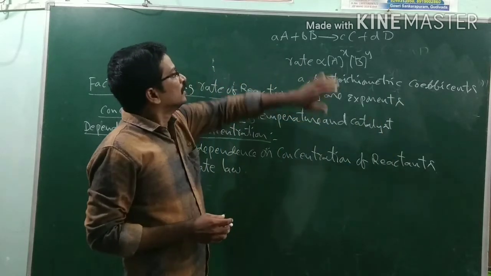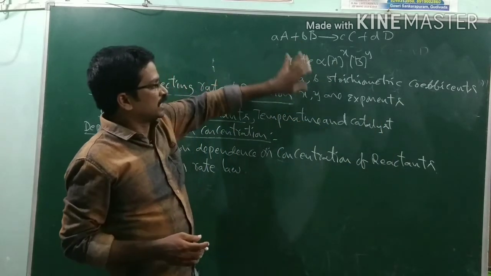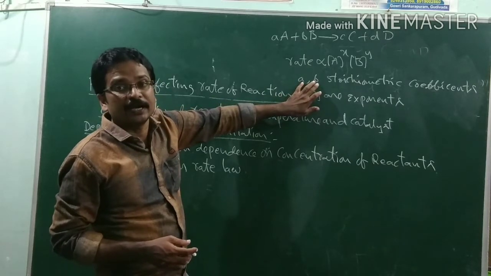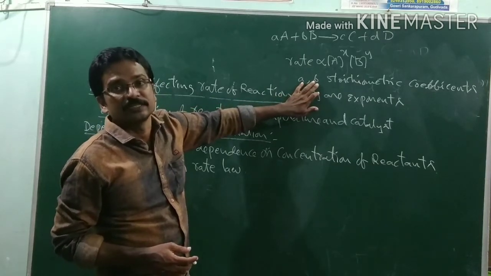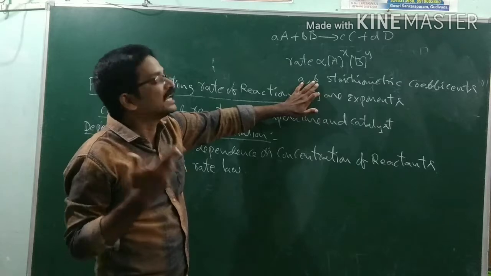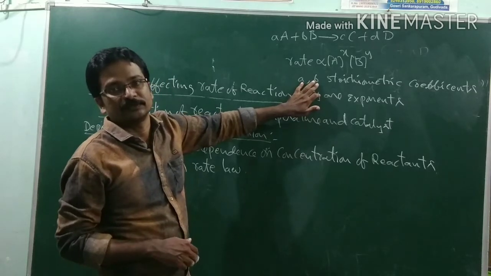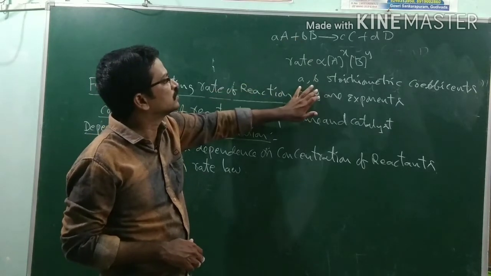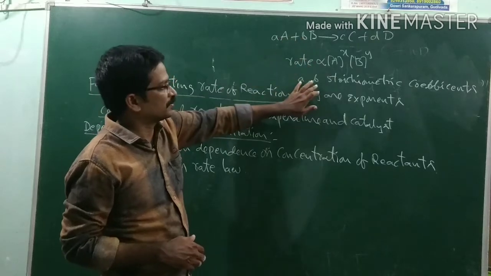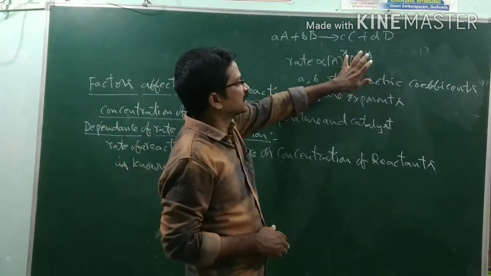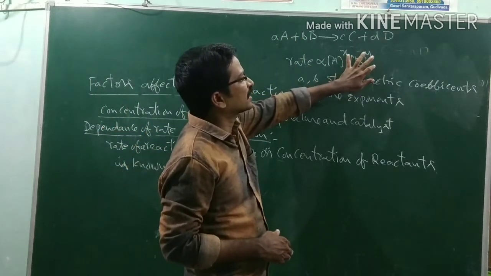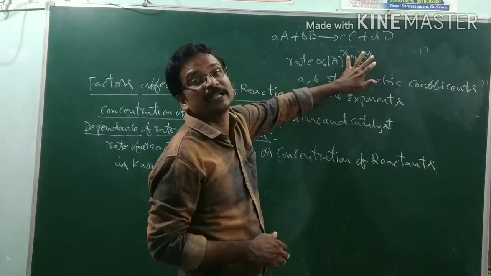These are theoretical values. Stoichiometric coefficients A and B are theoretical values; you can get these two values from the balanced chemical equation. But exponents X and Y come from experimental values.